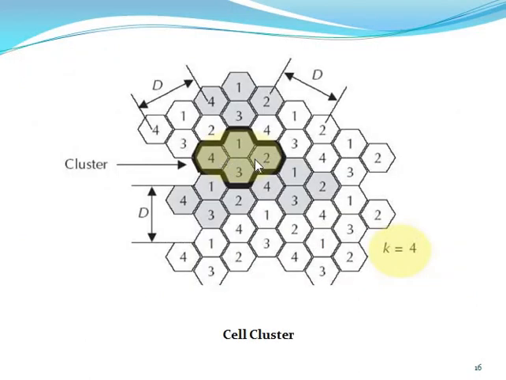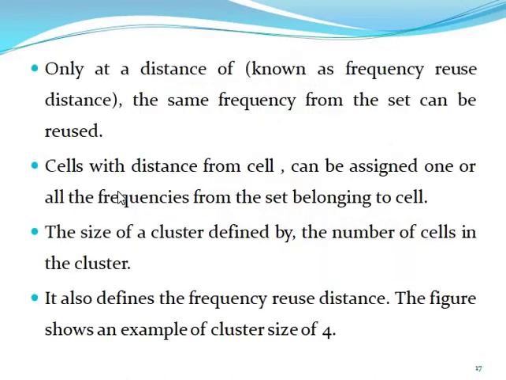So this is the cell cluster, and this is the same frequency you have divided. This cluster receives frequency because of the nearby cells. Then you can use this cluster for the network communication.